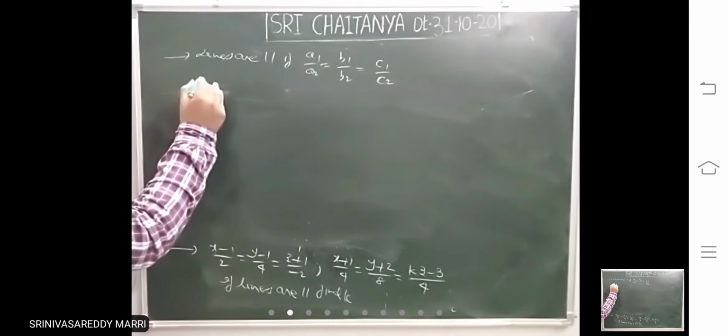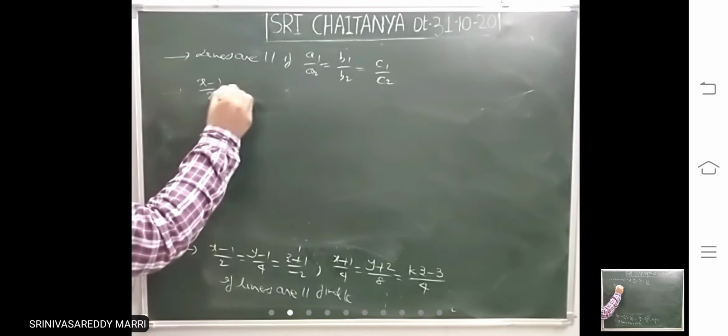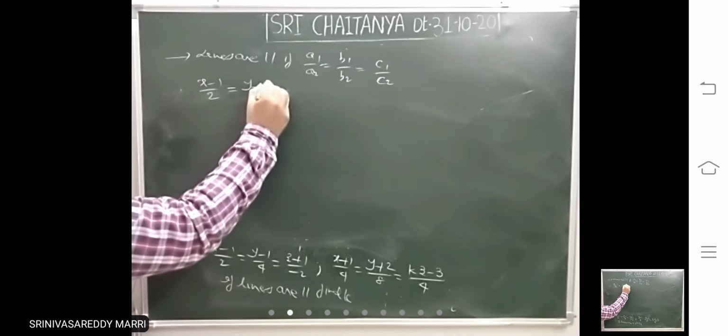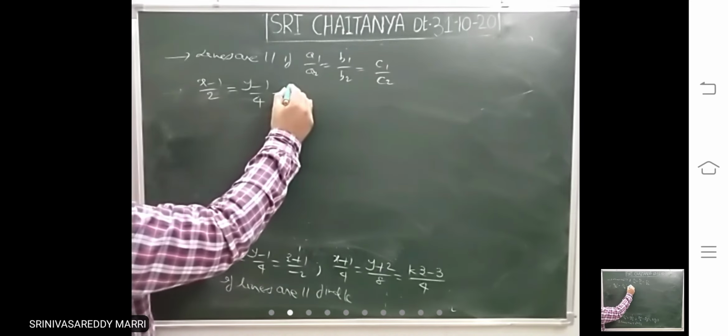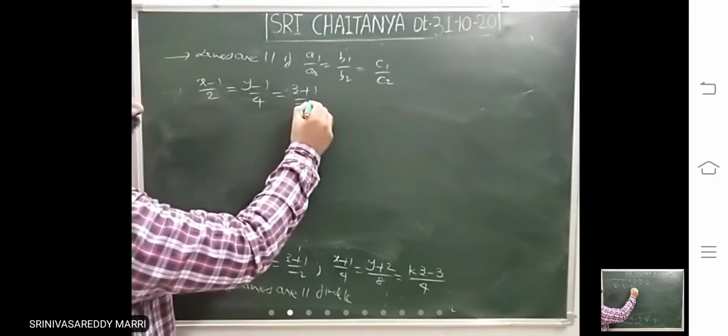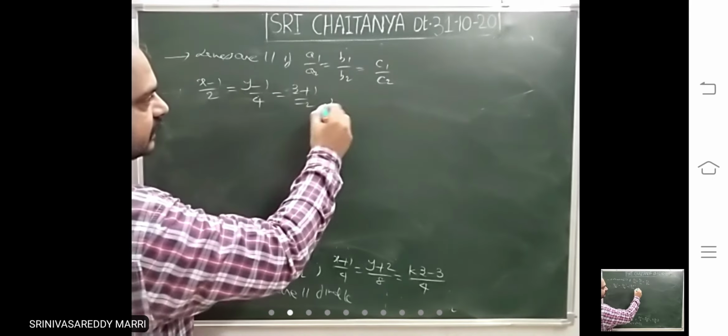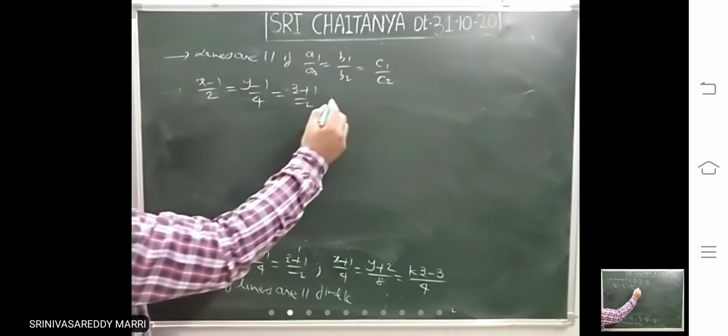So write the first line equal to -2, comma. This is in standard form only.